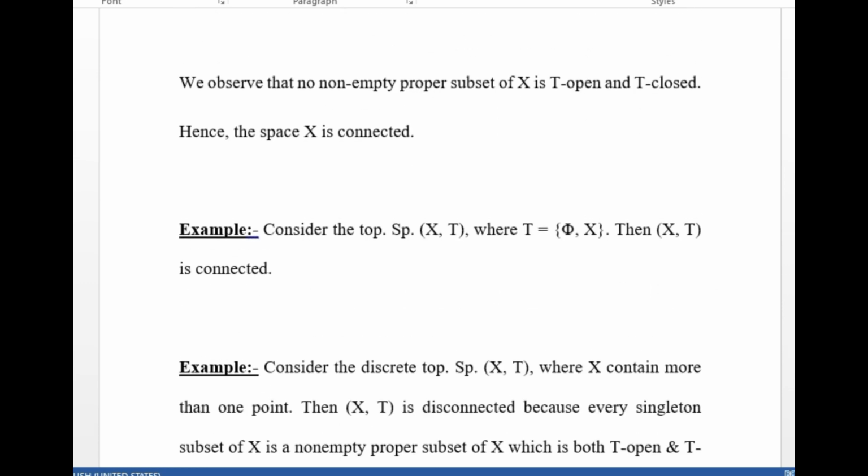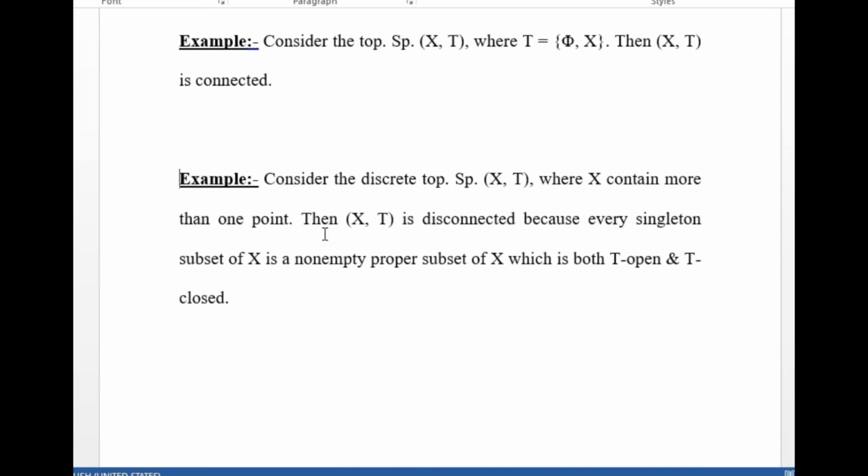Now come on to our next example. Consider the indiscrete topology. The indiscrete topology is always connected. But in the case of the discrete topological space (X, T), where X contains more than one element, then (X, T) is disconnected. Why is it disconnected? Because every singleton subset of X is a non-empty proper subset of X which is both T open and T closed.